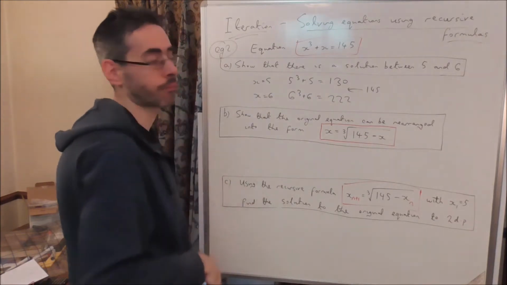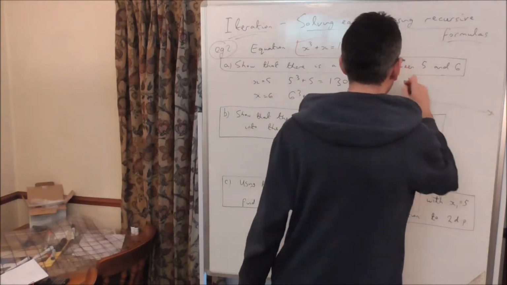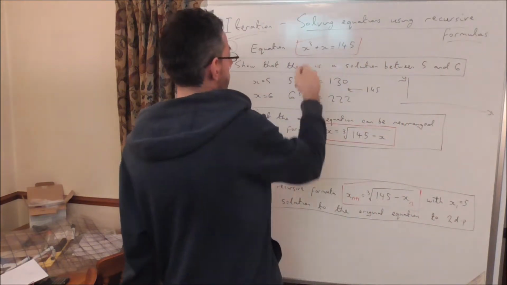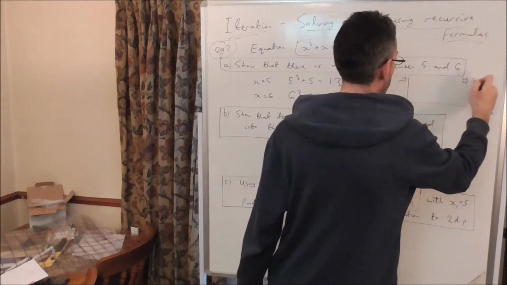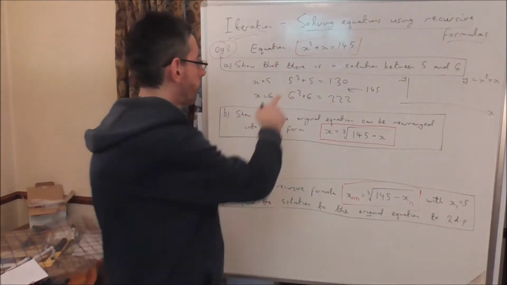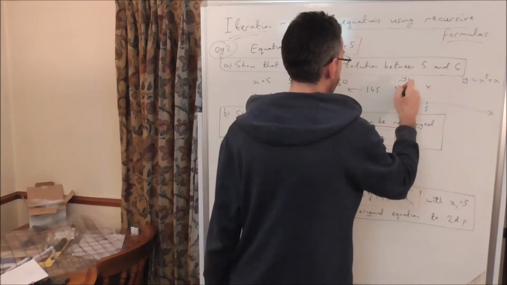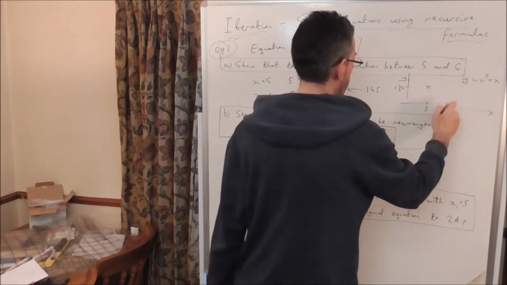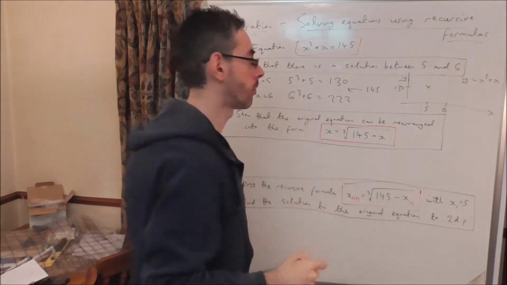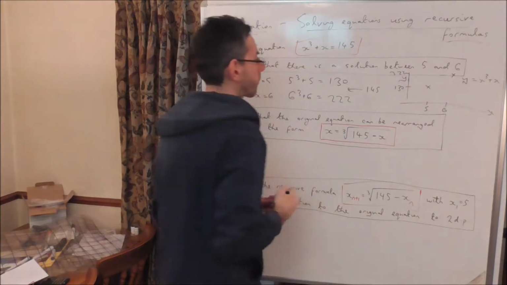and 6. And you can see that a bit more easily if I sketch a graph, x, y. Imagine a graph of y equals x cubed plus x, the left-hand side of this equation. When x is 5, y would be up here, 130. And when x is 6, y would be 222.